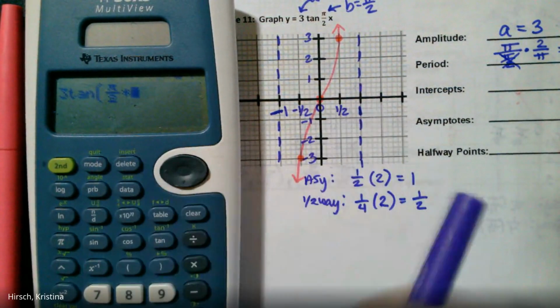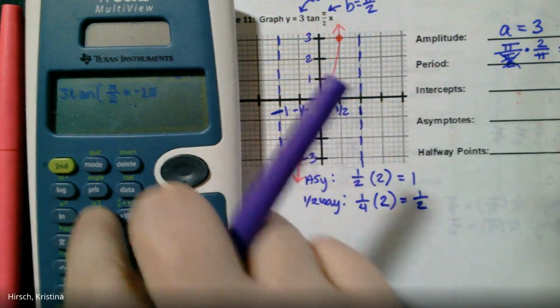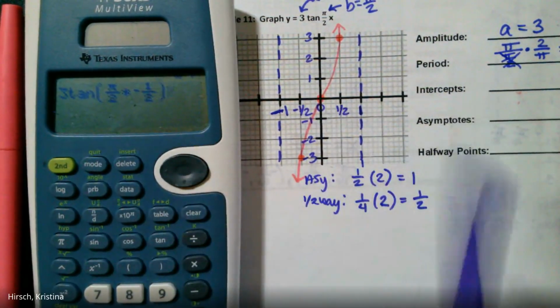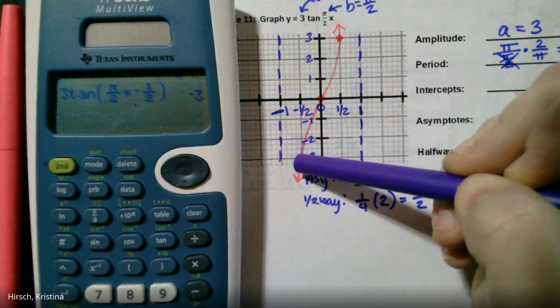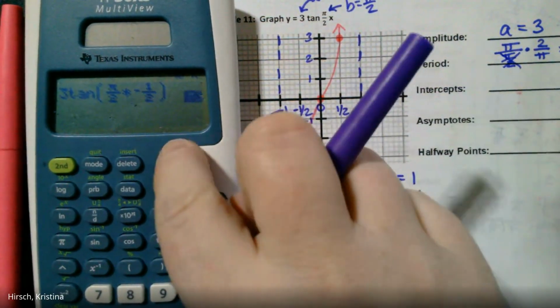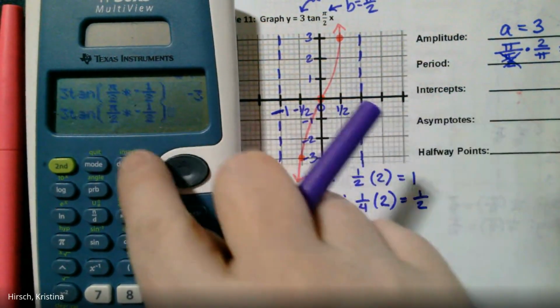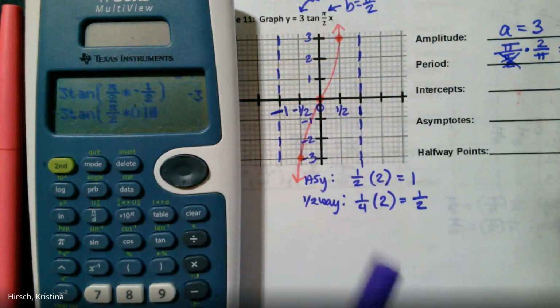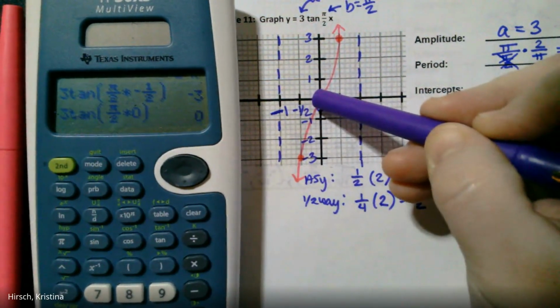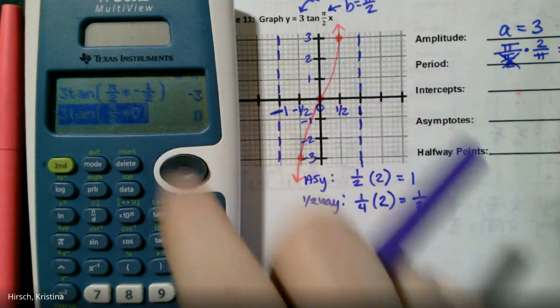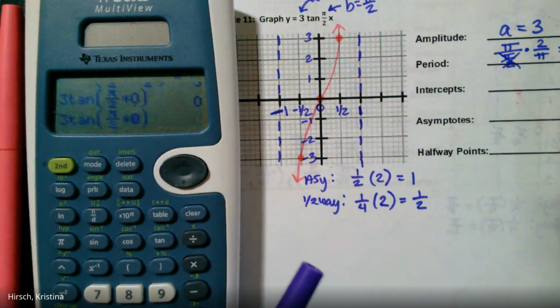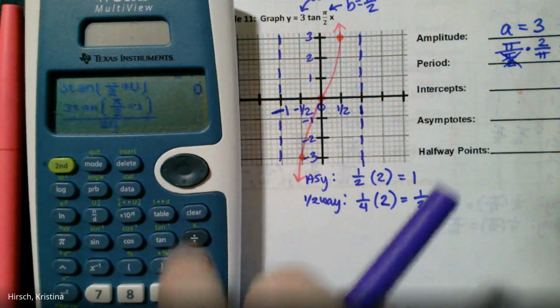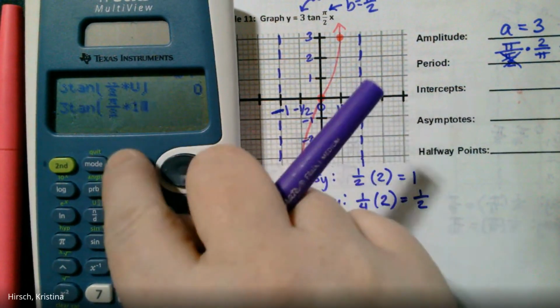All right. So now we're going to do that at -1/2. And I got -3, which is the point that I plotted. Do that again, but I'm going to do it at 0. And I got 0. So that's why I have a point at 0, 0. Do it again, but this time I'm at +1/2. Whoa, that was messed up. Let's try it again.